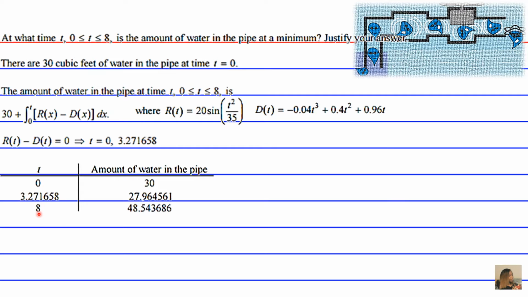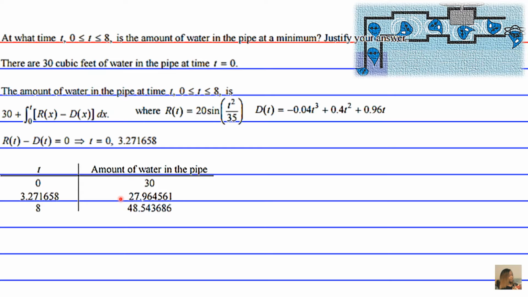And just for good measure, we also use our endpoint at 8 hours, where it's 48.543686. This should be the relative maximum, okay? If they were asking at what time is the water at its maximum point, but that's not what we're looking for here.